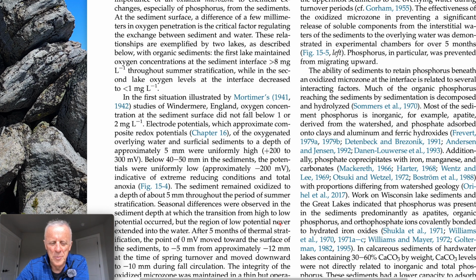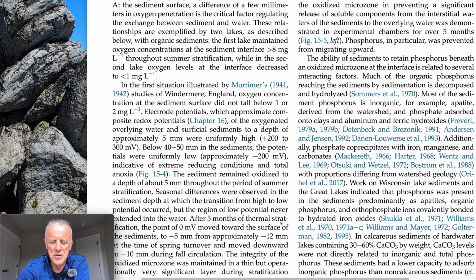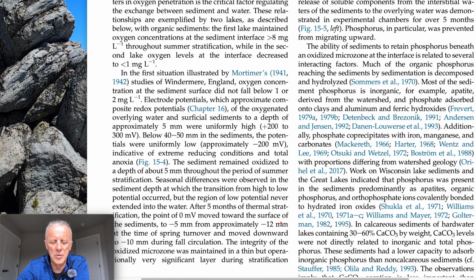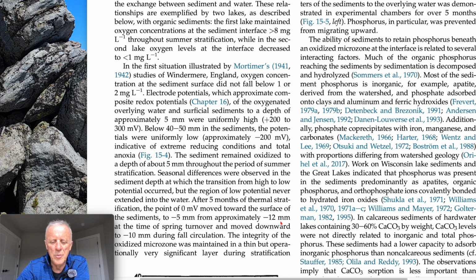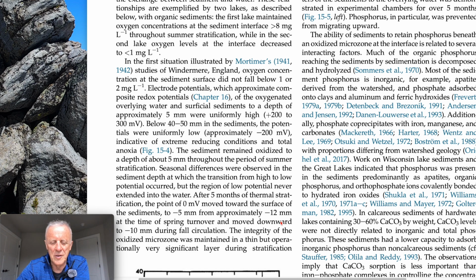Seasonal differences were observed in the sediment depth at which the transition from high to low potential occurred, but the region of low potential never extended into the water. After 5 months of thermal stratification, the point of 0 millivolts moved toward the surface of the sediments to about minus 5 millimeters from approximately 12 millimeters at the time of spring turnover, and moved downward to minus 10 millimeters during fall circulation.